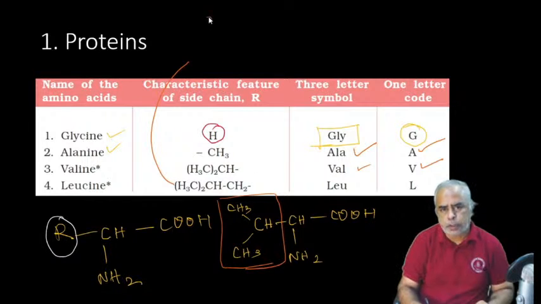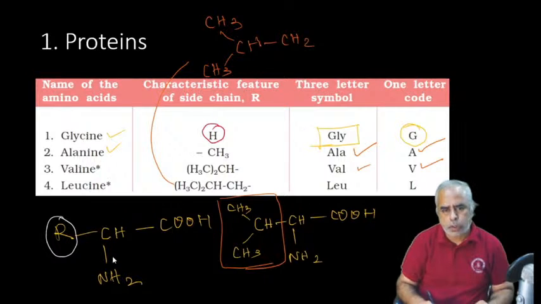that is CH3, C, CH3. So this is what here it is represented as CH3 twice. Okay, and then CH, right? Then CH2. So this group is introduced in place of R. Now you can continue with the remaining part, that is CH2, NH2, COOH.